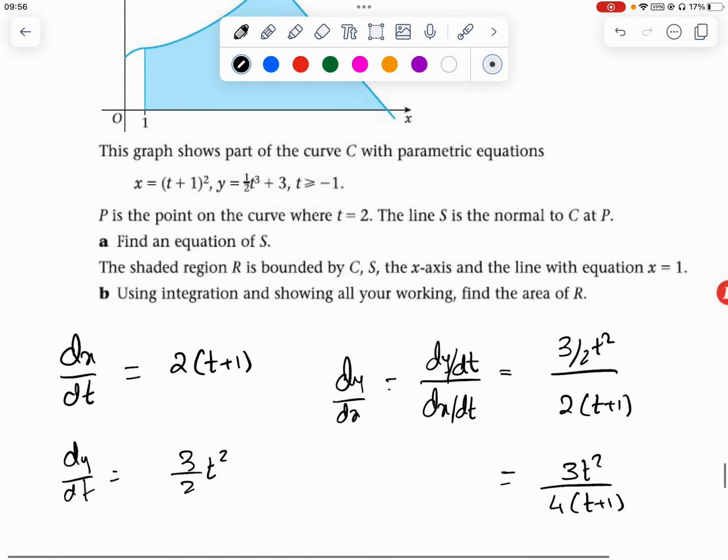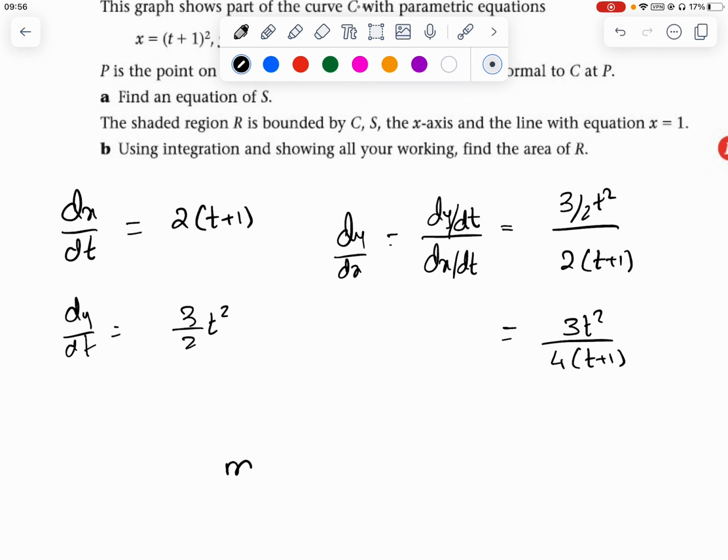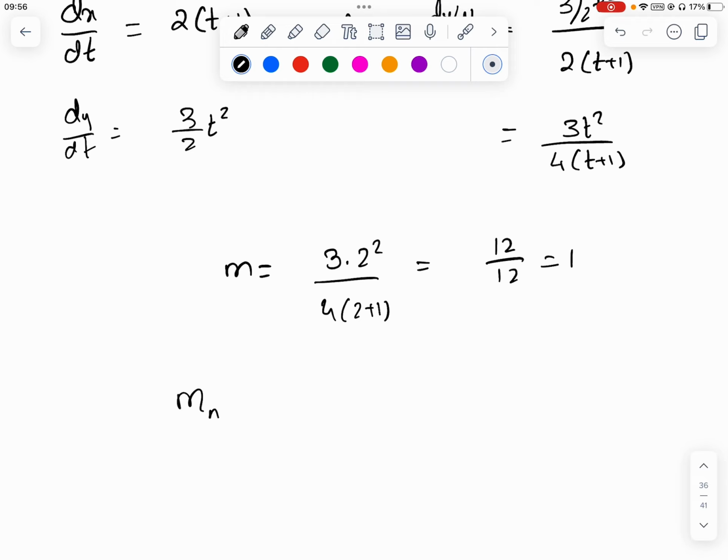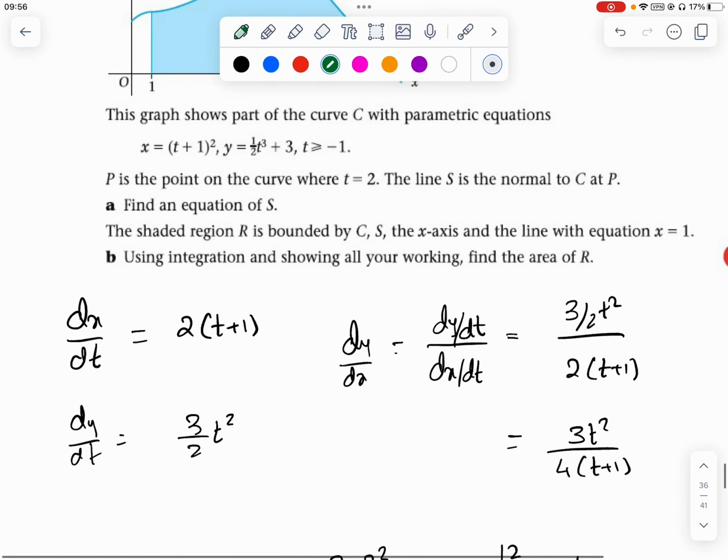Now t equals to 2. So plug in t equals to 2. 3 times of 2 square by 4 times of 2 plus 1. So that becomes 12 upon 12, which is 1. This is the gradient of the tangent. So the gradient of the normal will become negative 1. Now we have to find the values of x and y.